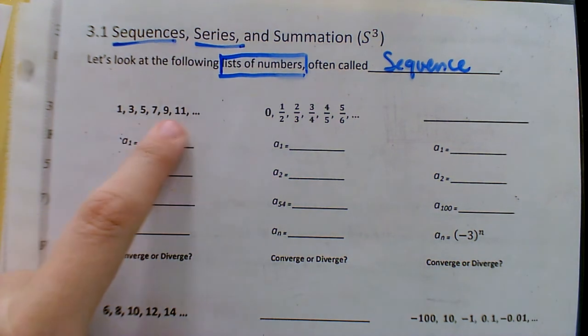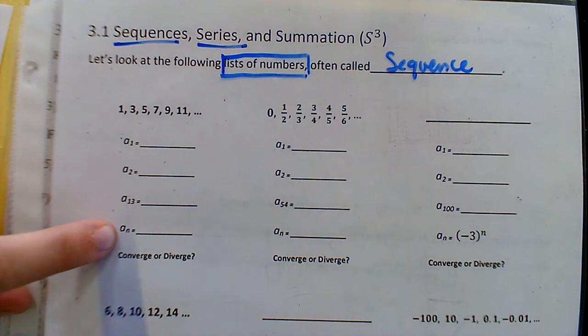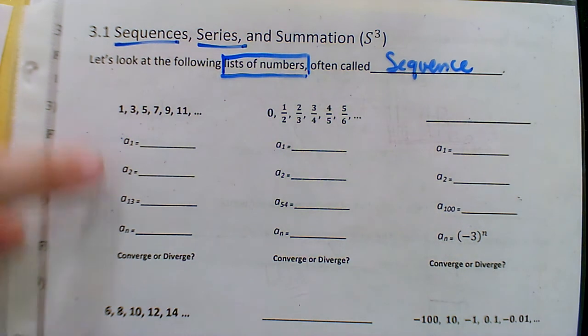Based off of this particular sequence, we're going to try to identify particular terms in that sequence. So you see all of these little values, a sub 1, that's how we would read it, a sub 2, a sub 13, and then a sub n. Okay, n is just representing at any point in the sequence, where do you want to be located. It's a variable, so you can pick which spot you want.